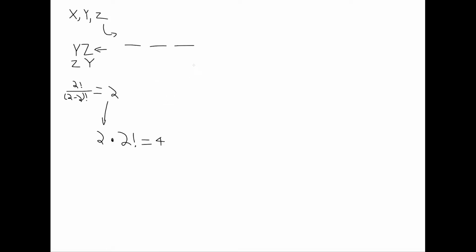And that works because, well, I'll write it out. If these are our 3 positions, before, when we were always assuming that YZ must be in that particular order, these were our two combinations. XYZ, that's a combination, and then YZX.